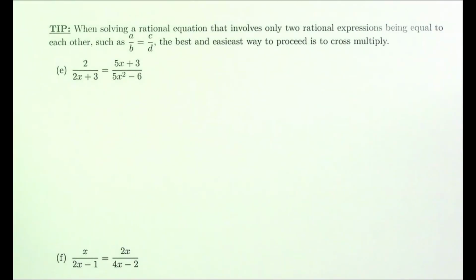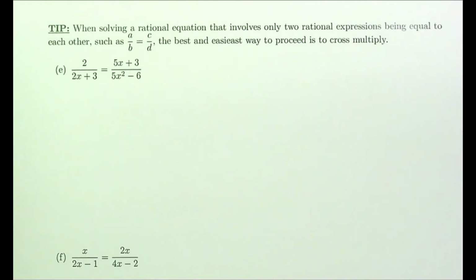If your rational equation happens to have only two terms, like this one, 1 and 2, then there's actually a slightly easier method where you don't have to bother with finding the LCD or factoring.